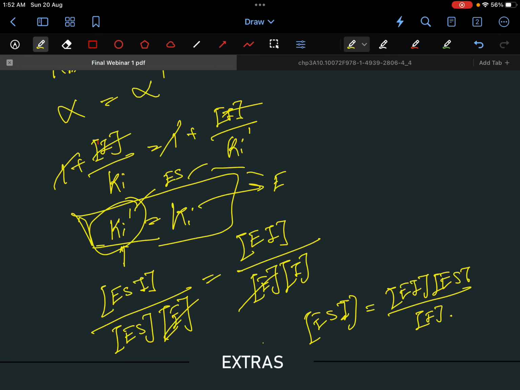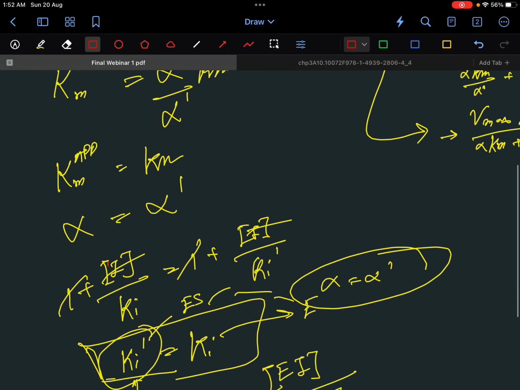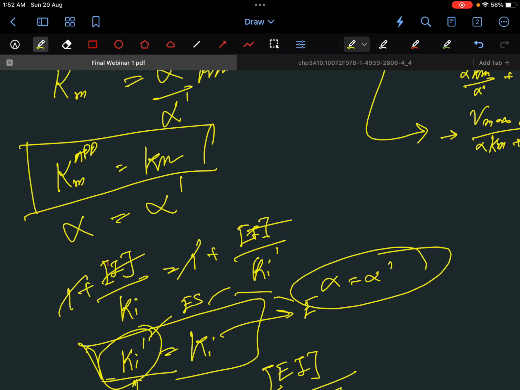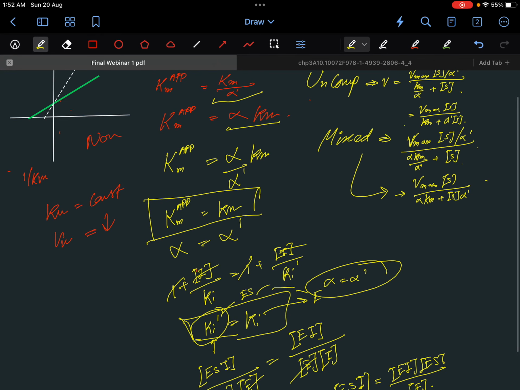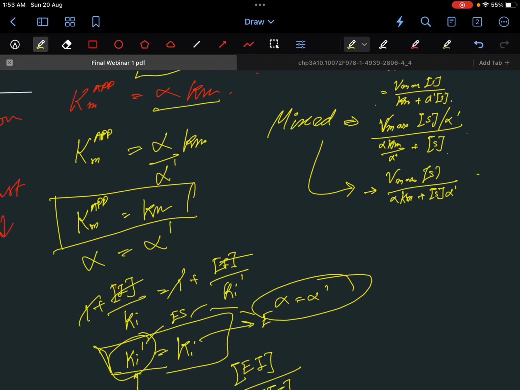Whenever these two constants are equal, then alpha will be equal to alpha dash, and in this case only Km apparent will be equal to Km, and in this condition, when Km is not changing, mixed inhibition becomes what? Non-competitive, right? Mixed inhibition becomes non-competitive.